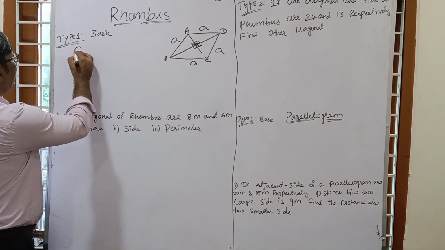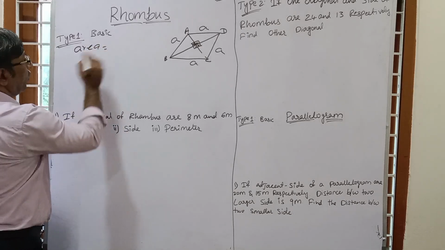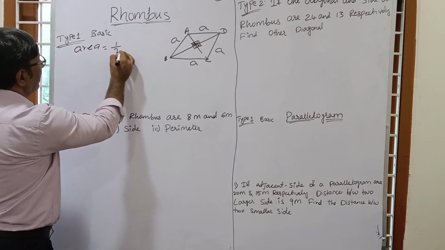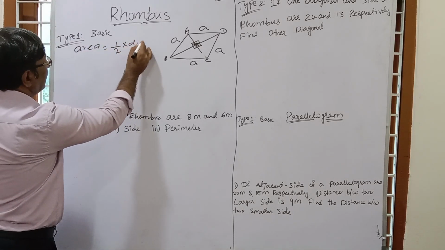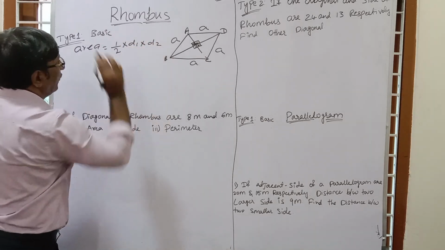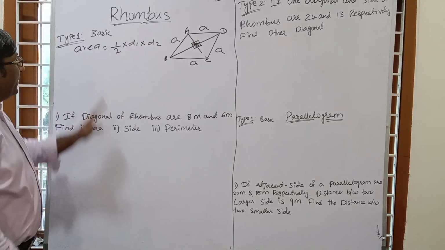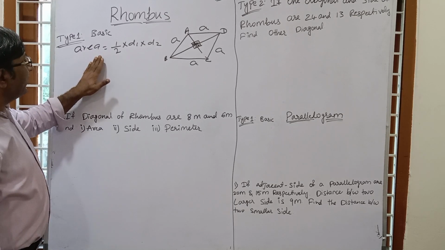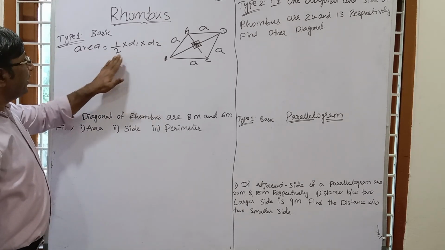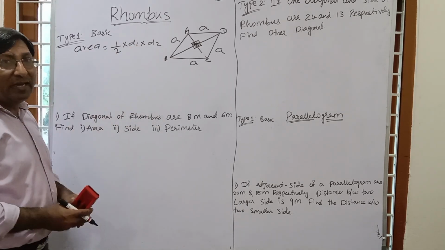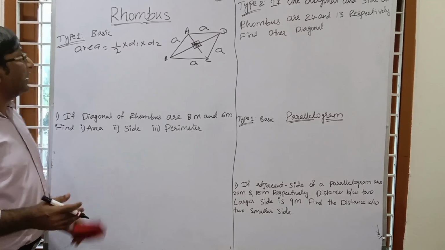So first, what is the area? The area of a rhombus is half multiplied by D1, the first diagonal, into D2, the second diagonal. This is the basic formula. Area of rhombus is half into D1 into D2, half into the product of the diagonals.